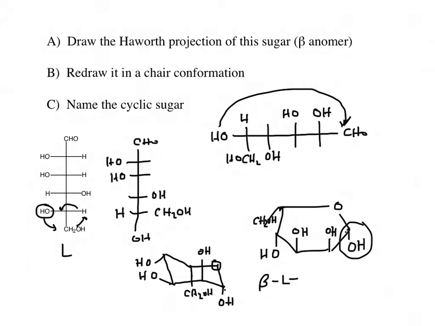Let's work up the chain. That last chiral OH is to the left there. It's to the right here, right? The one that was to the right is going to be to the left. The left goes to the right, and the left goes to the right. Is that the mirror image? And this is a D sugar.